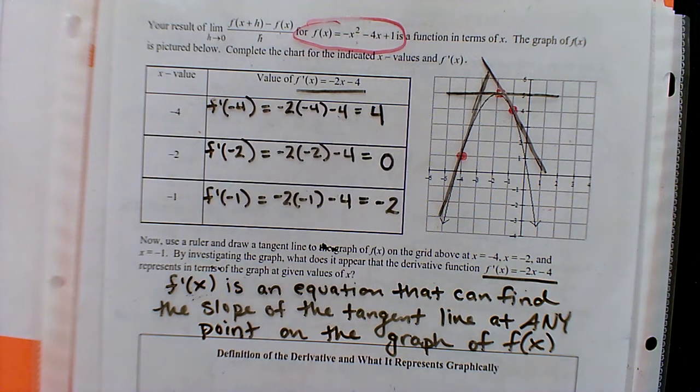So if you were to graph the original equation, the derivative would represent the slope at any point on that original graph.